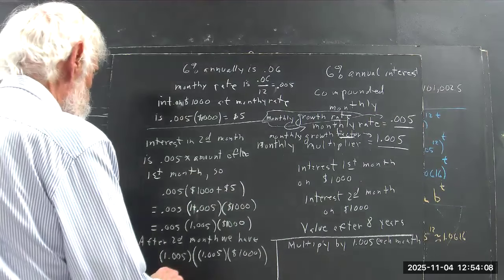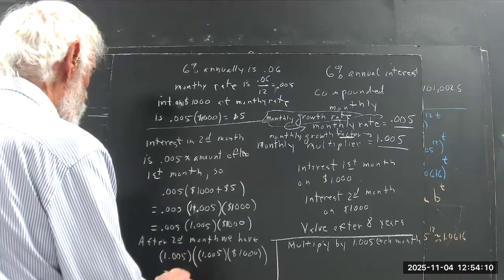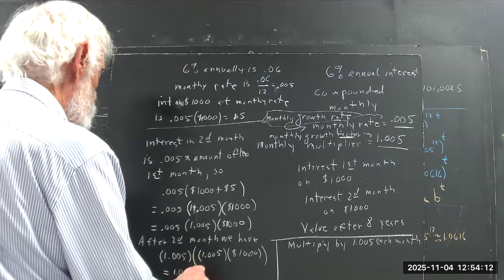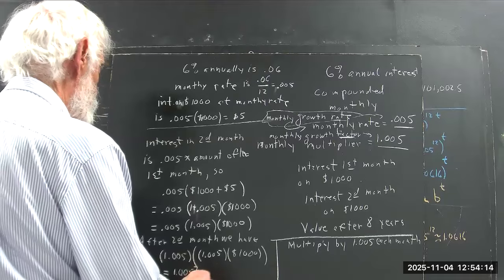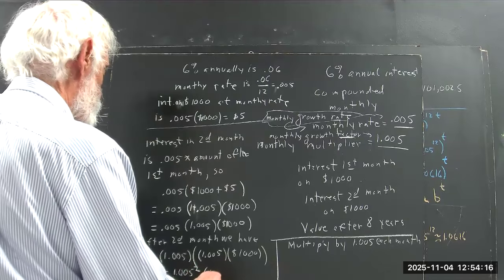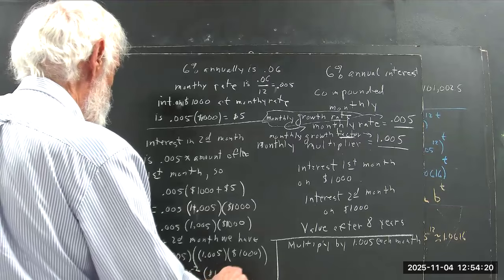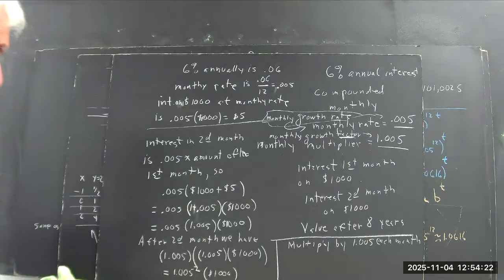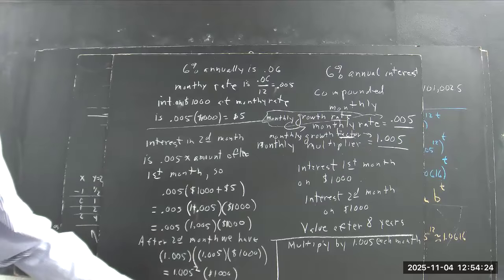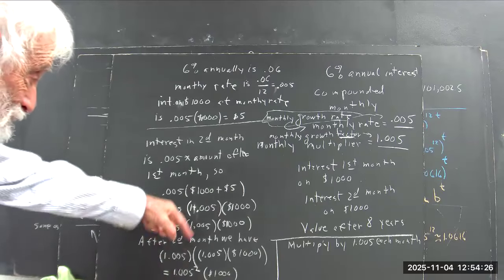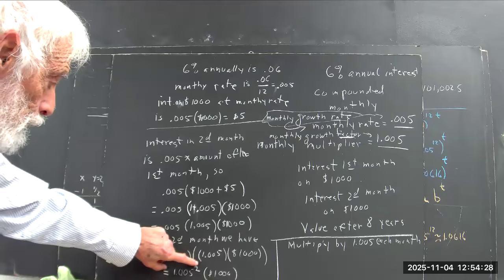Of course, that equals 1.005 squared times $1,000. Can you see that square? It's kind of messed up by that parenthesis there.